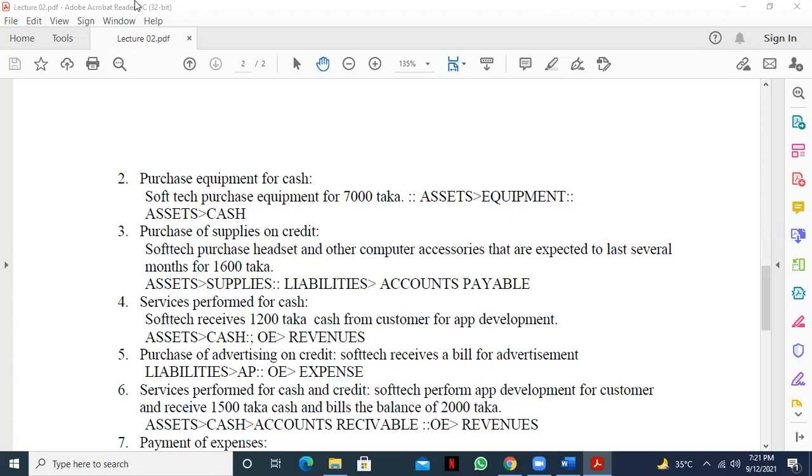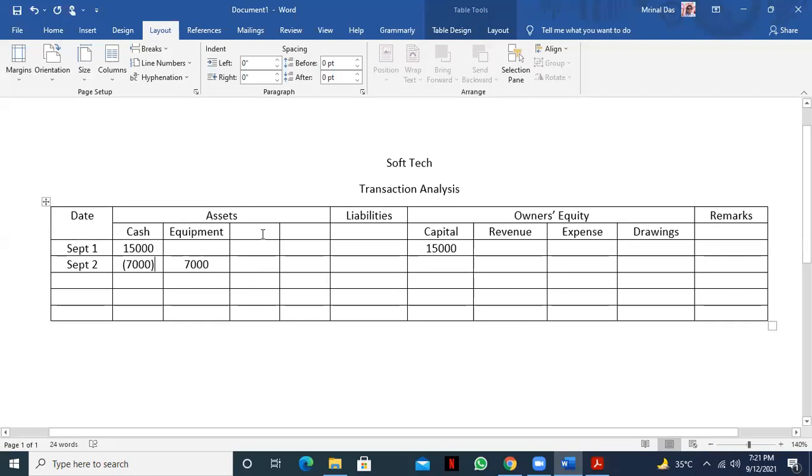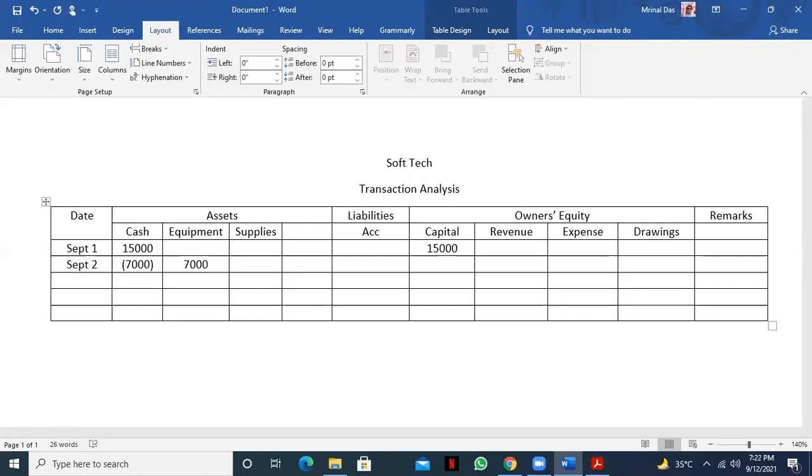So under the asset column we'll have a new column, supplies, and under the liabilities column we'll have a new column, accounts payable.